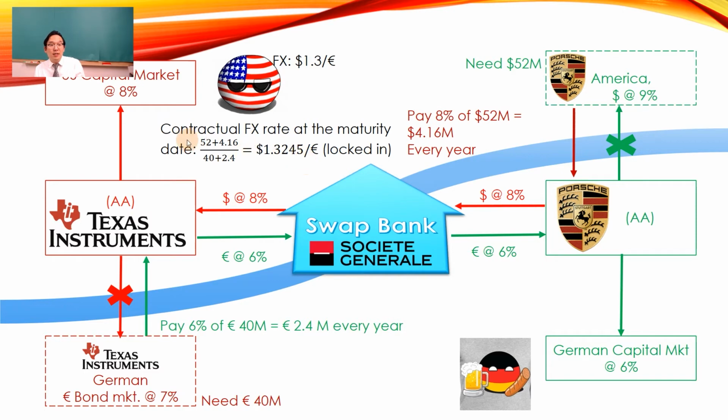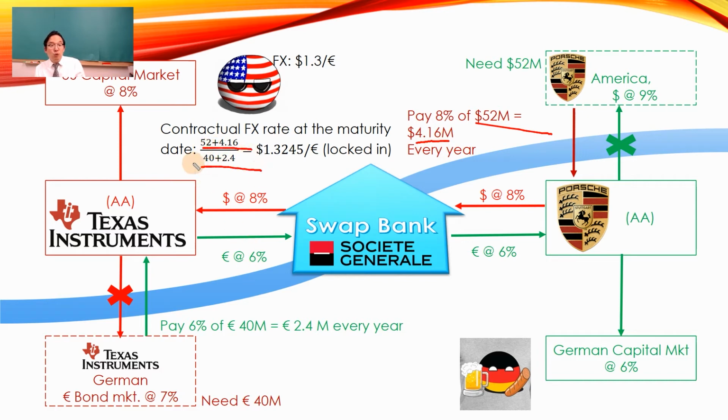Now let's see, contractual FX rate at the maturity date would be like this. You see this number, 52 million US dollars plus interest of $4.16 million, principal plus interest, okay? That's this guy and that guy. That's the numerator.